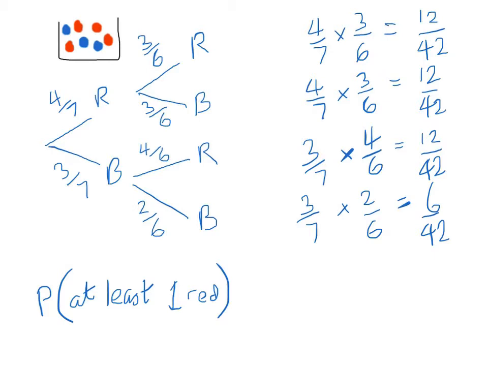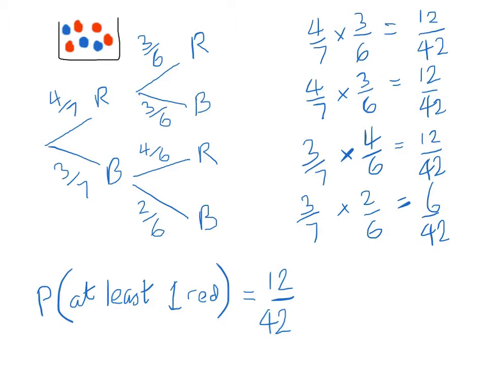So because we've got our three choices here, then we know it's going to be quite high, because it's quite likely to happen that we're going to get at least one red. So we're going to be adding these. So we've got 12 out of 42 plus another 12 out of 42 plus another 12 out of 42.